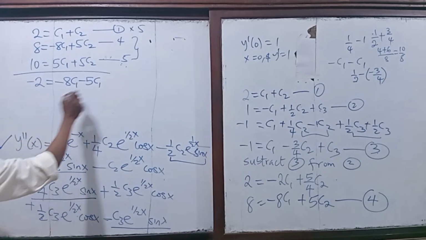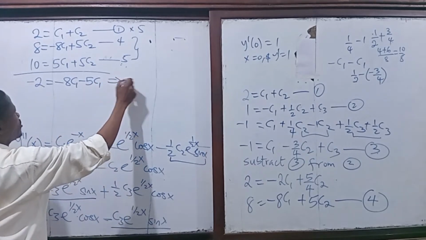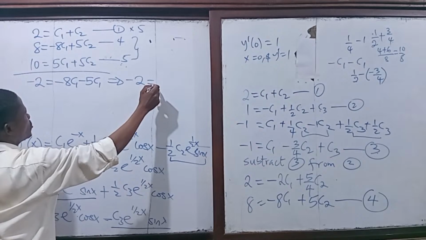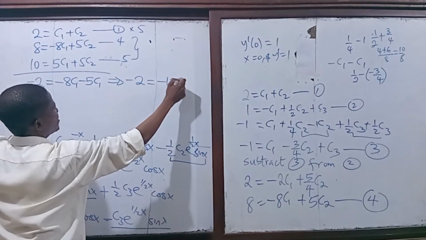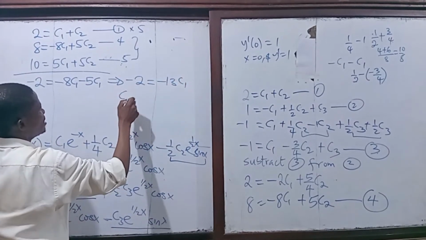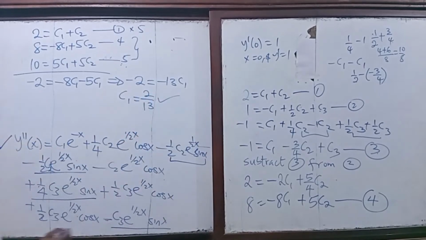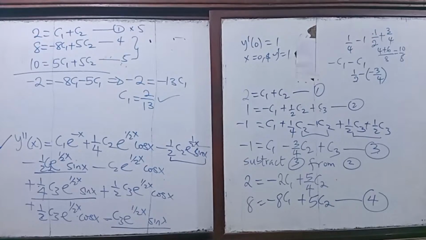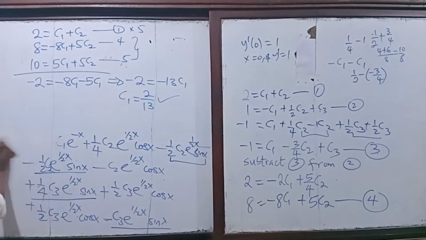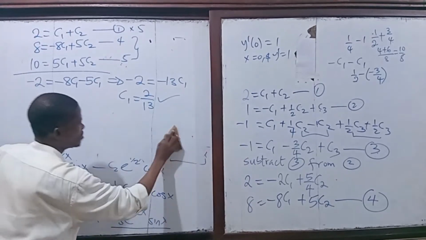So I have minus 2 equal to minus 13C1. So C1 is equal to 2 over 13. I've gotten C1.